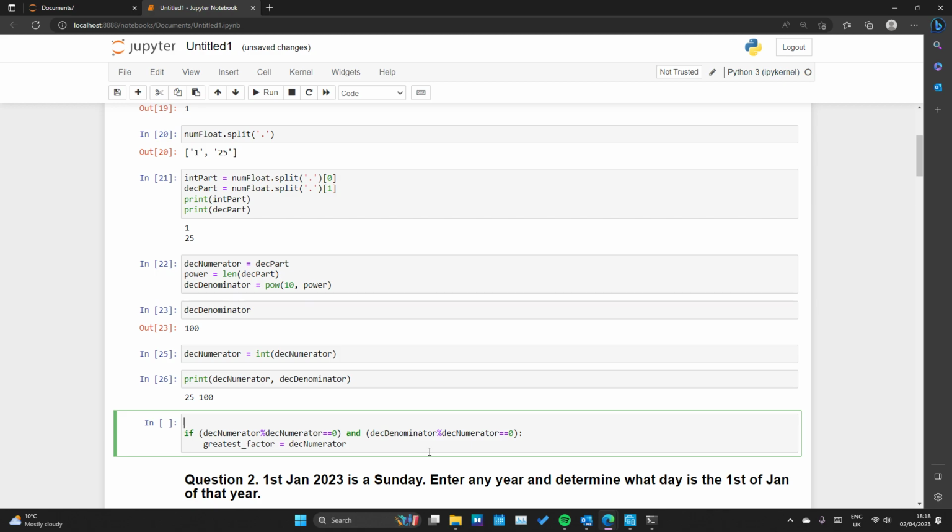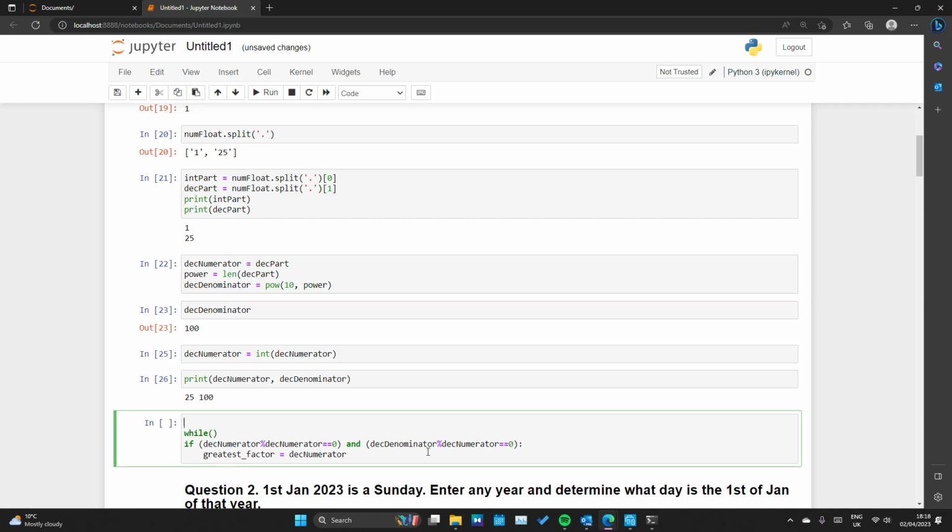So we need to have a loop, and say we start dividing by the decimal numerator. So let's say factor is equal to decimal numerator, and we will divide numbers by this factor.